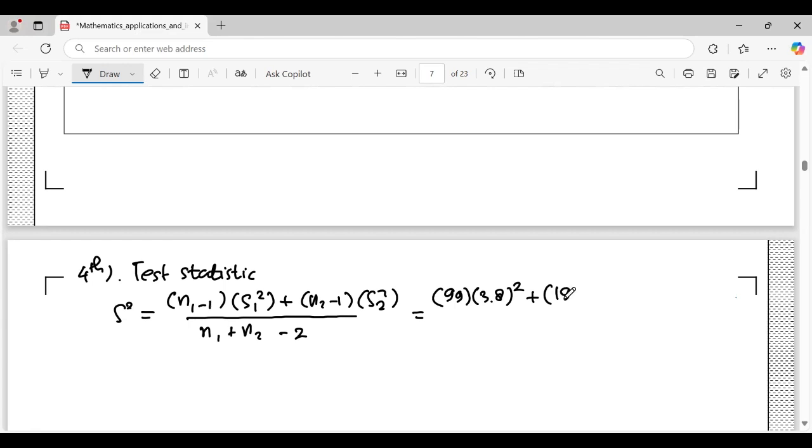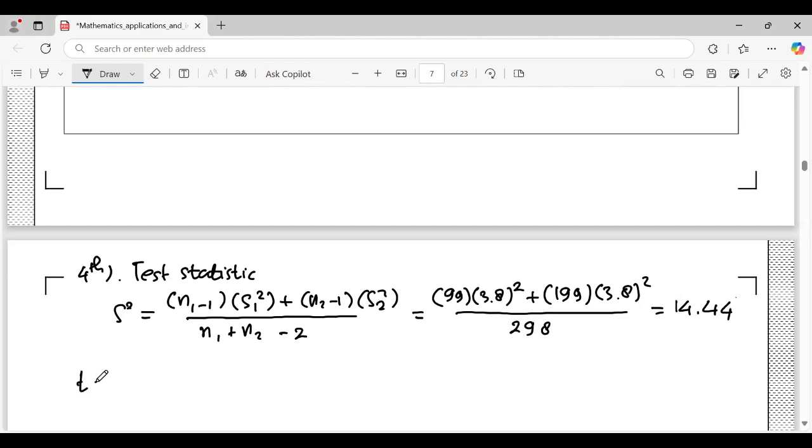This is 199 because 200 minus 1, divided by 100 plus 200 minus 2. It means 298. And if you calculate the result, it's 14.44.